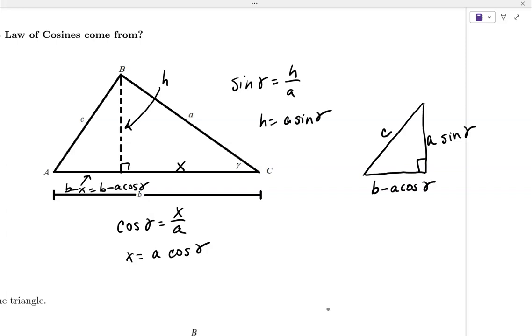What can we use to relate all of that information together? Make an equation that relates all four of those pieces that we have. The right triangle, I have 3 sides. Yeah, I can use the Pythagorean theorem, right? So if I use the Pythagorean theorem, we would have a sine gamma squared plus b minus a cosine of gamma squared equals c squared, right?